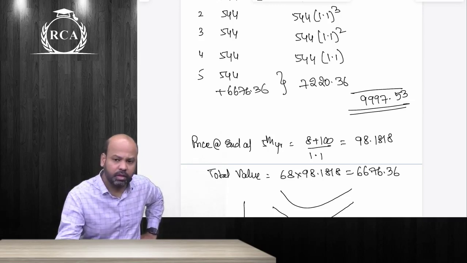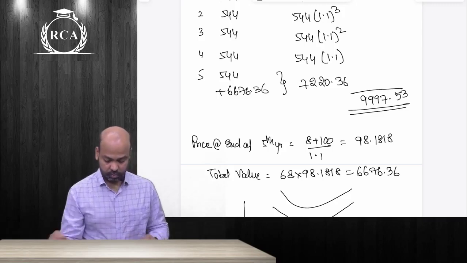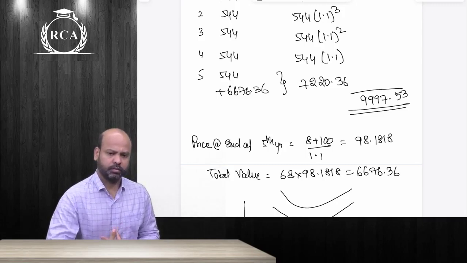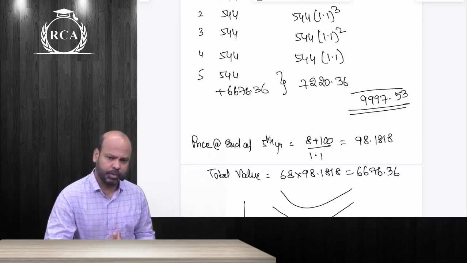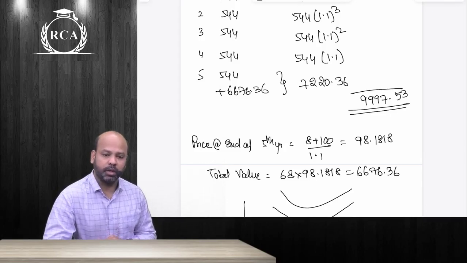Next line. The duration of a zero coupon bond will always be equal to its maturity period.